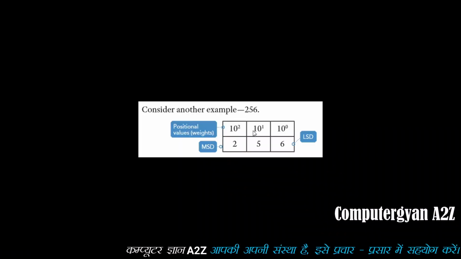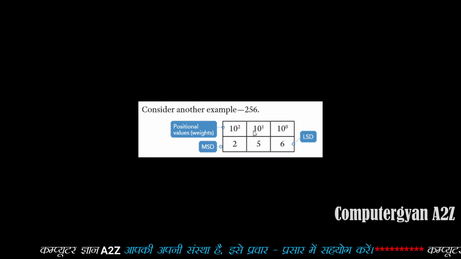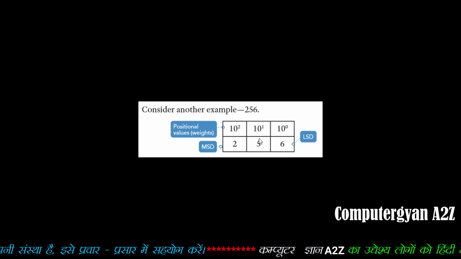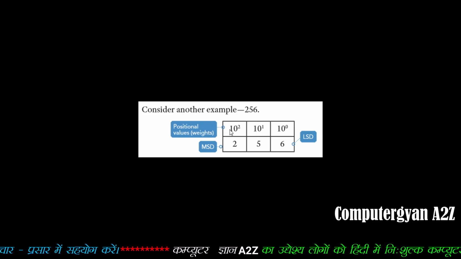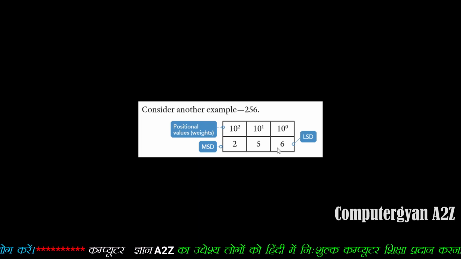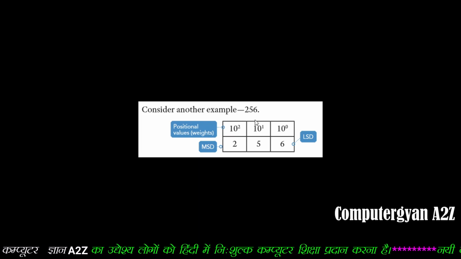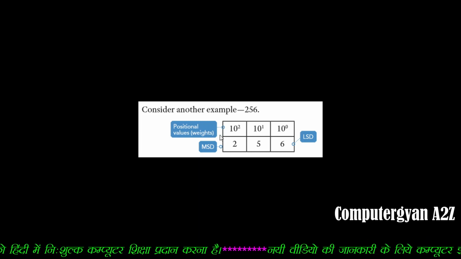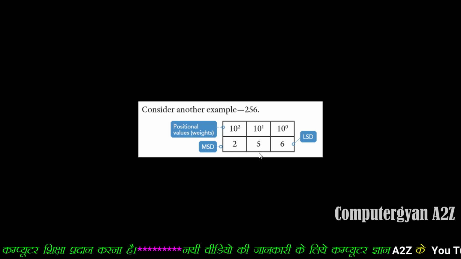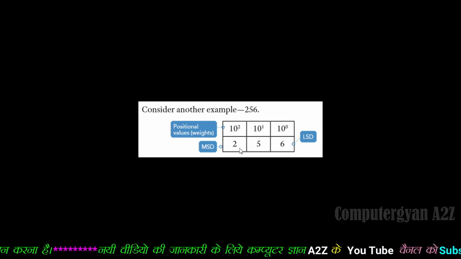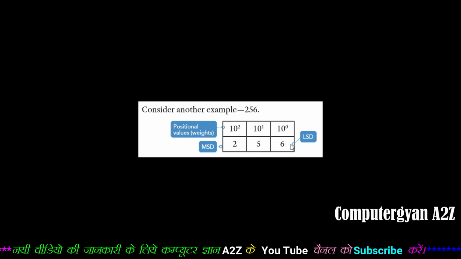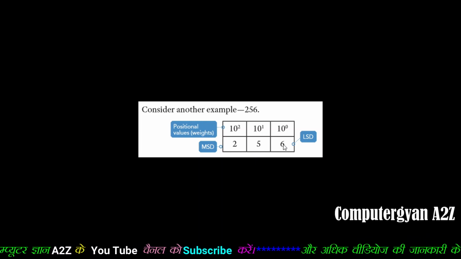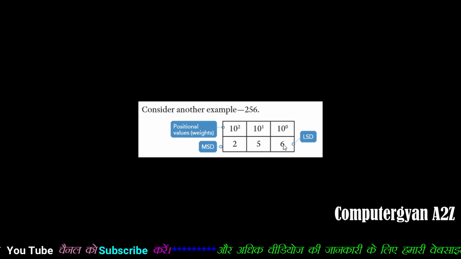Dear students, consider another example. I take a number that is 256 in a table. You can see this table has 2 rows and 3 columns. First row shows positional value and second row shows the digit. The rightmost digit has the least positional value or weight.